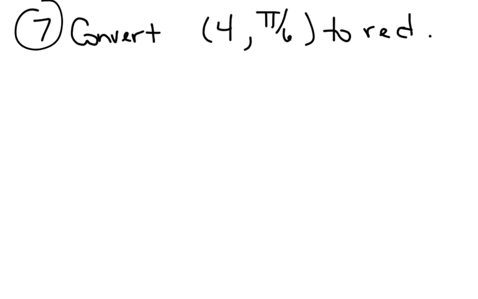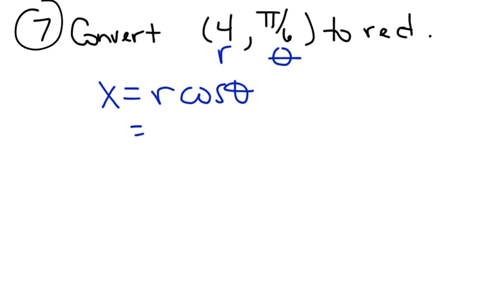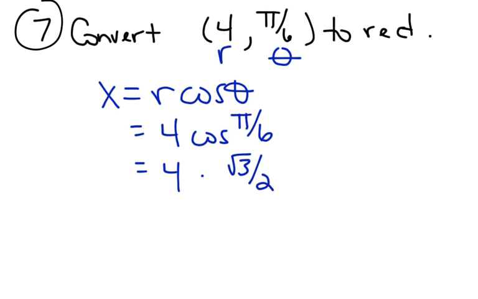I want to convert (4, pi over 6) to rectangular coordinates. This is r, this is theta. So x is equal to r cosine theta. So that's 4 times the cosine of pi over 6. Pi over 6, which is 30 degrees, the cosine of 30 degrees is square root of 3 over 2.